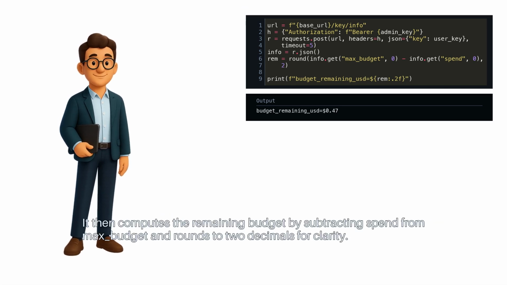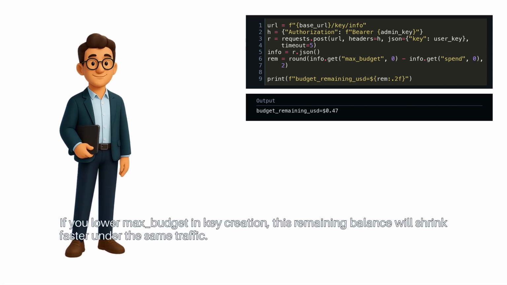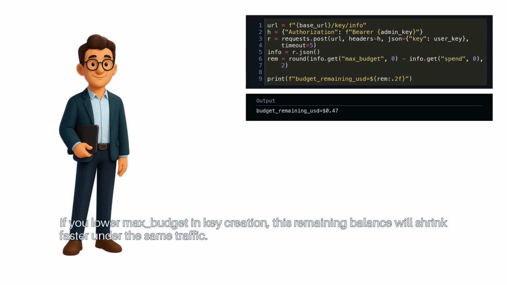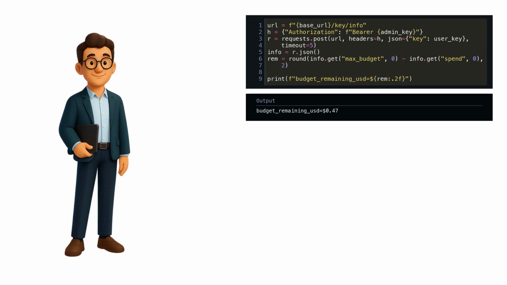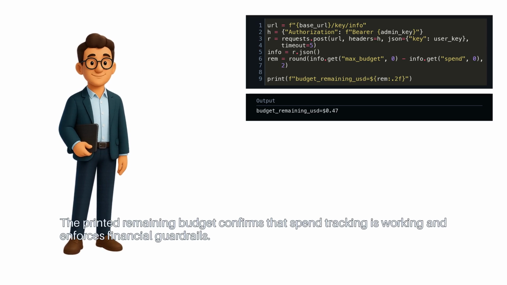It then computes the remaining budget by subtracting spend from max budget and rounds to 2 decimals for clarity. If you lower max budget in key creation, this remaining balance will shrink faster under the same traffic. The printed remaining budget confirms that spend tracking is working and enforces financial guardrails.